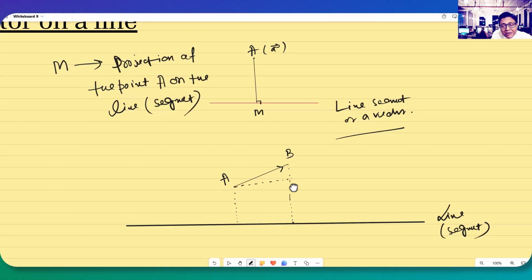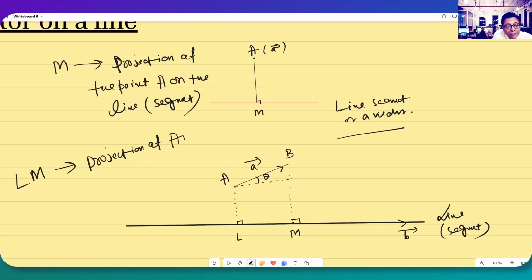Please go through it. There I told you if this angle is theta and this is the vector A and this one is vector B, then length of projection is actually distance between these 2 points. So LM stands for projection of AB or vector A.